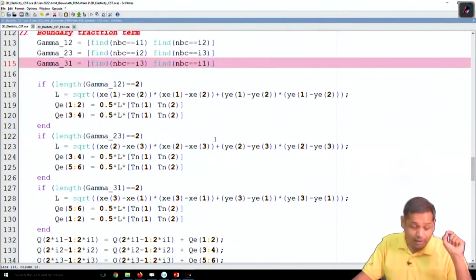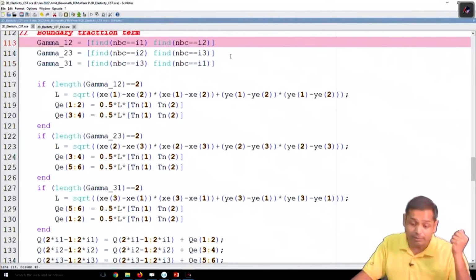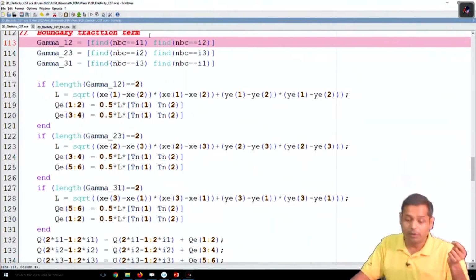How to know that? If none of the nodes I1, I2 or I2, I3 or I3, I1 belong to NBC, then the value will be a null set. For gamma 1, 2, if neither of the nodes I1 and I2 belongs to NBC, then the result will be a null set. If only one node belongs to NBC, then gamma 1, 2 will carry just one value, the node which belongs to NBC.